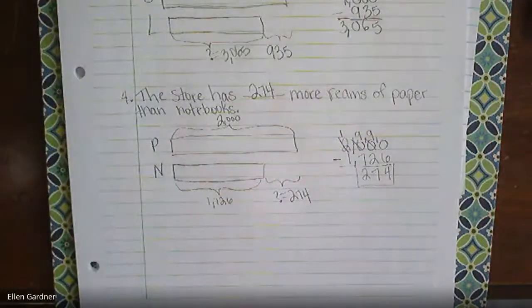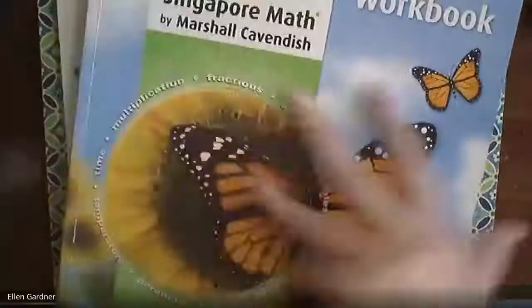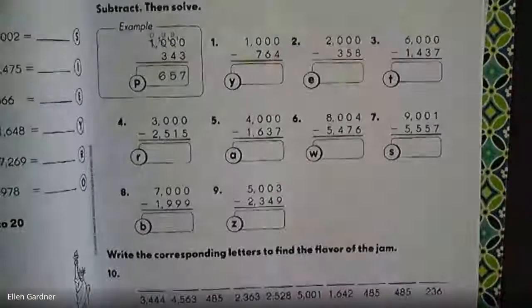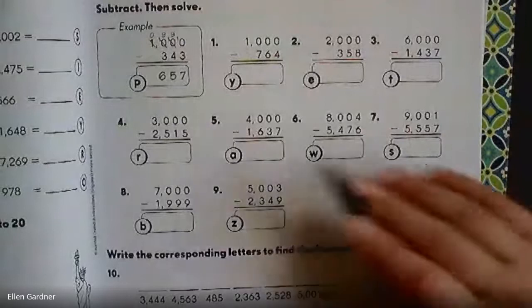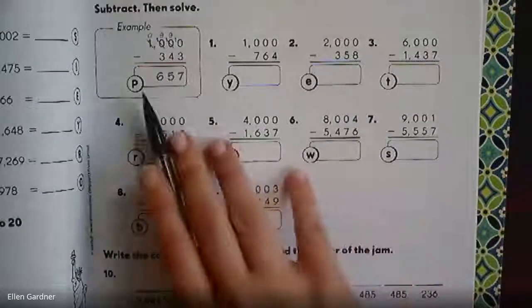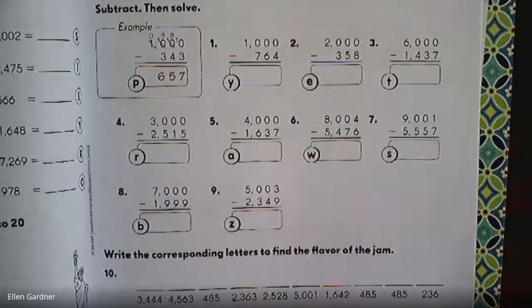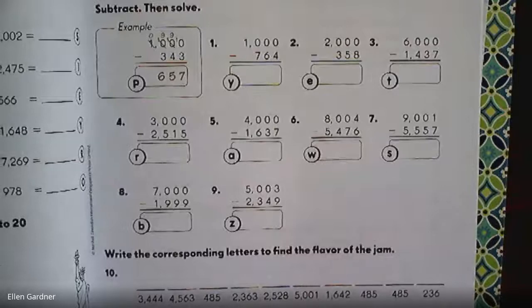So let's look at what you're going to do in your workbook today. Looking for lesson 4.4, subtraction across zeros. You will solve all of these and then, using the letters, put them in the correct order at the bottom to find the flavor of jam.